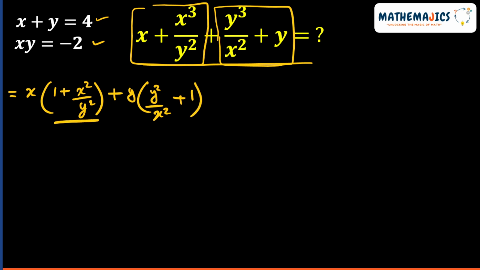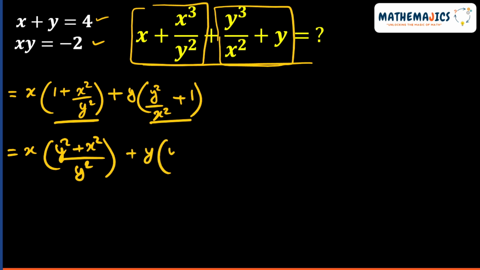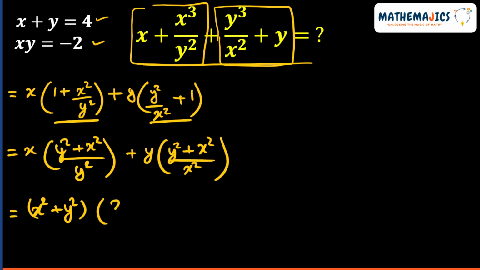Now we will be taking LCM within these two brackets and we will be left with y square plus x square upon y square plus y square plus x square upon x square. Now we can take x square plus y square common. If we have taken x square plus y square as common, we will be left with x by y square plus y by x square.